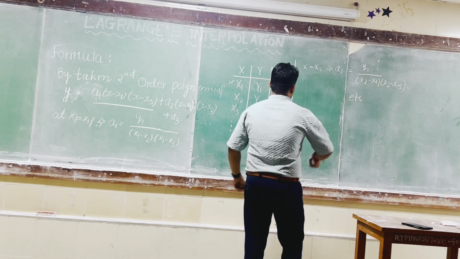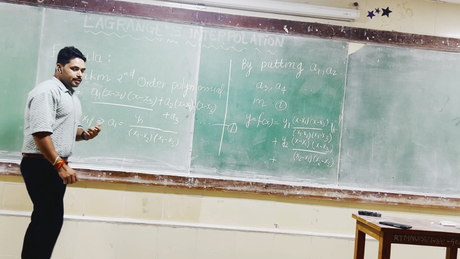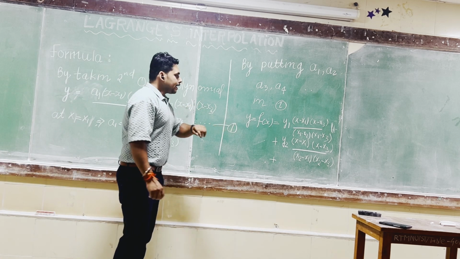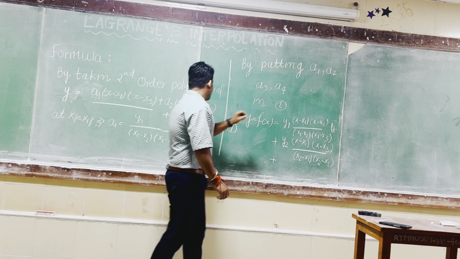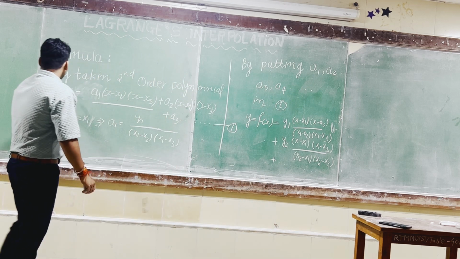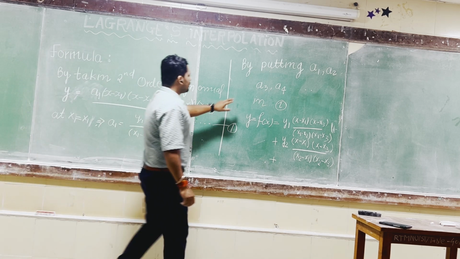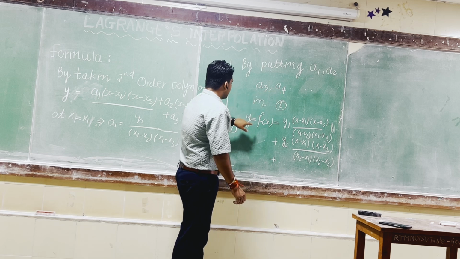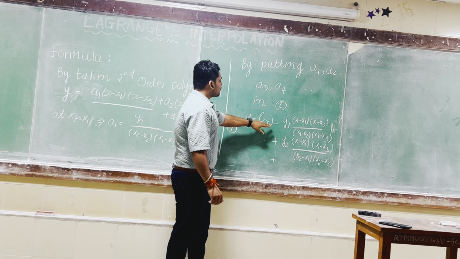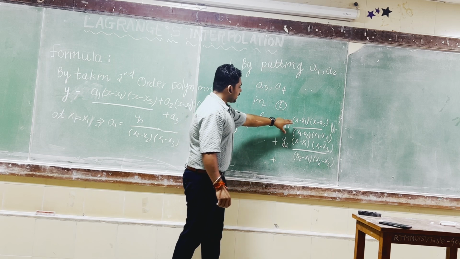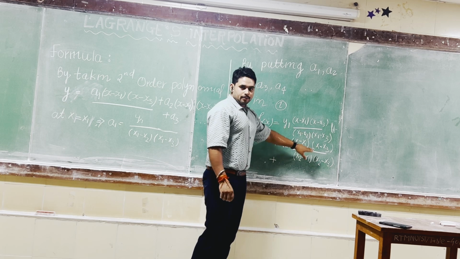From the values of a1, a2, a3 that we have got, if we put all these constants in our polynomial equation, we get the expression y equals f(x) equals y1 times its term, plus y2 times its term, and similar expressions.